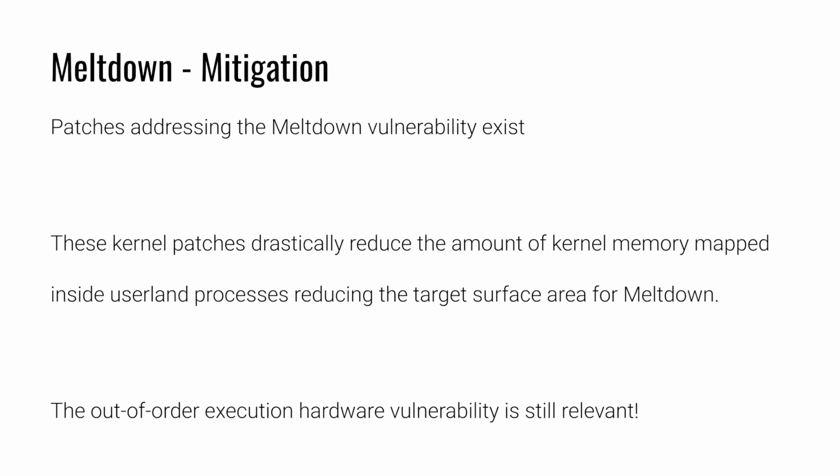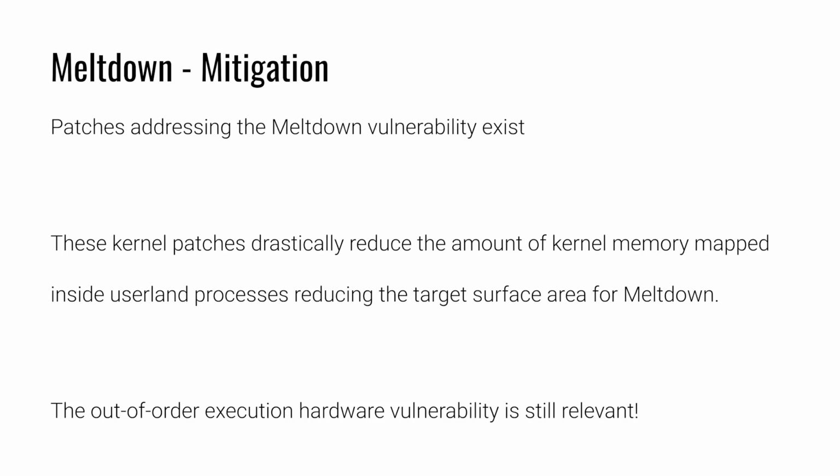Or it's not fair to say that they don't map any kernel memory, but they drastically reduce the amount of kernel memory that is mapped to the virtual address space of userland processes. And what this means is the steps of speculatively accessing something and then communicating it via the cache lines still work. It just means that there is a lot smaller target surface of the kernel to do it against.